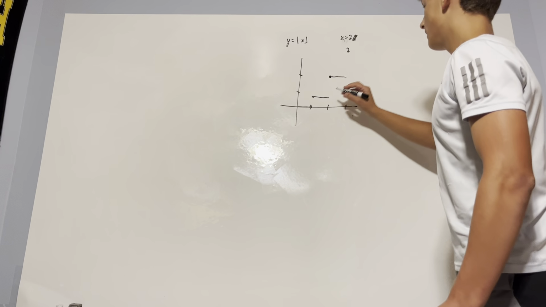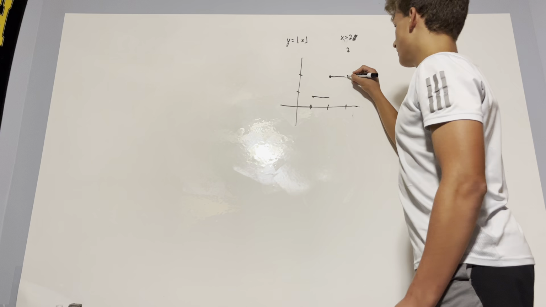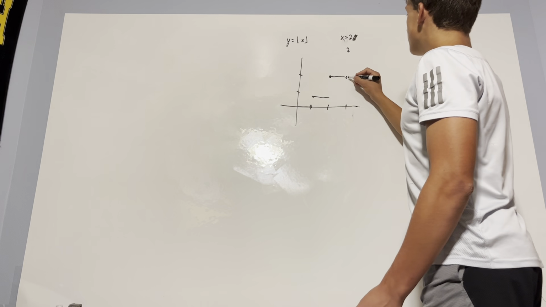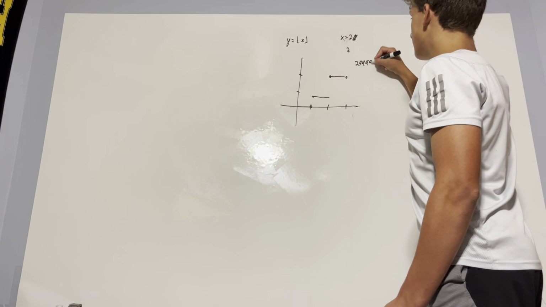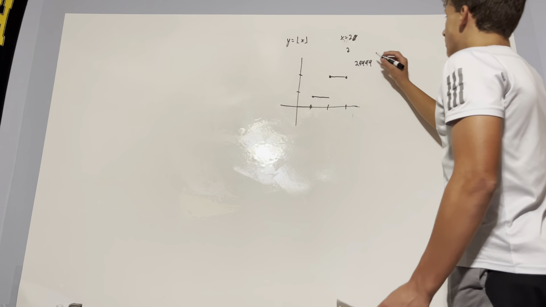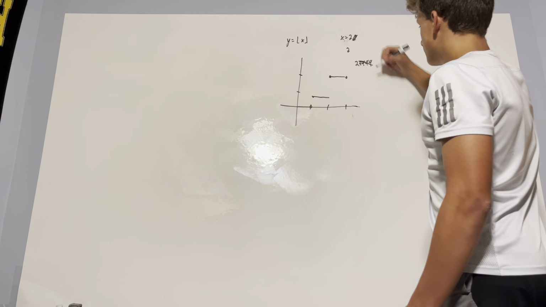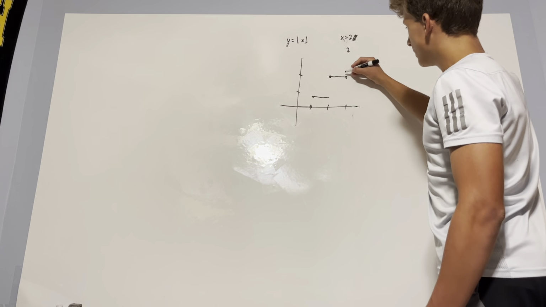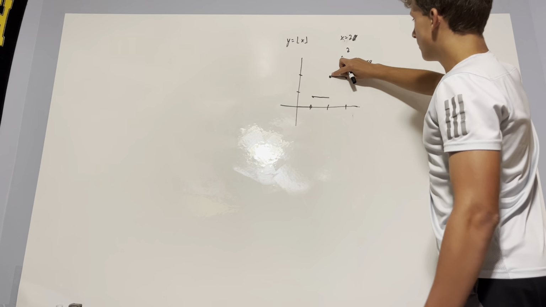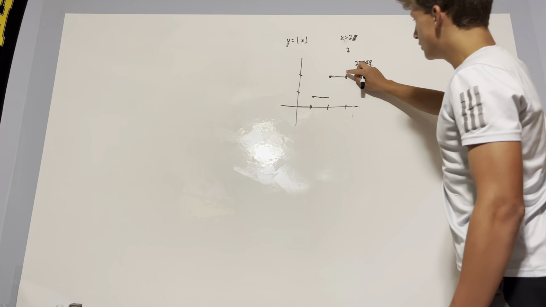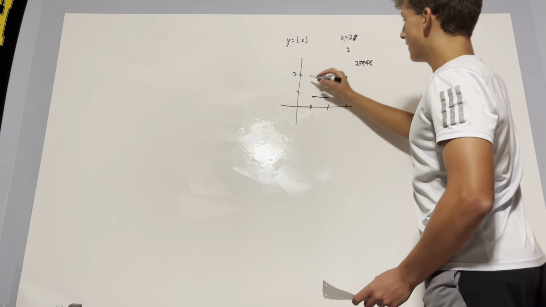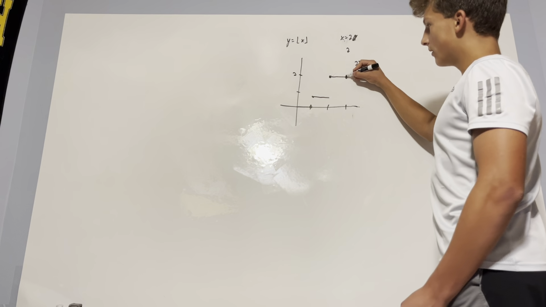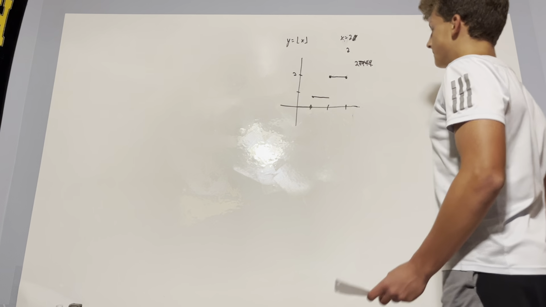Now if we're very, very close to 3 here, say 2.9999, remember we're just truncating this essentially. So we have to have a hole here, and it'll go all the way back down to what 2 is. And that's why we have the y value of 2 here for anything all the way up to like 2.999.